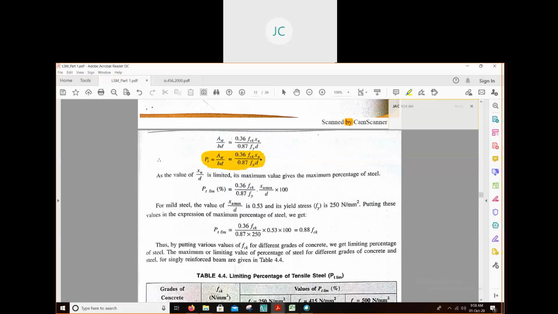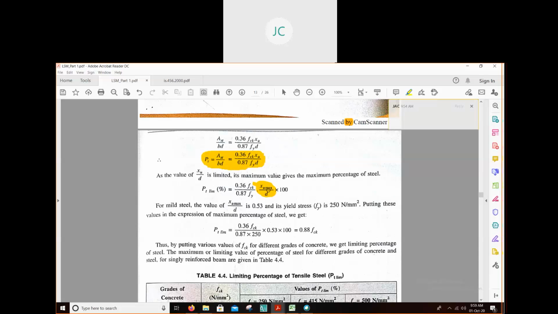Then again, if you want to find out the limiting value of percentage of steel, that means maximum value of percentage of steel, then in place of XU you have to put XU max. I told you before also, whenever you see limiting value mentioned, then you have to use the maximum value of depth of neutral axis. That means in place of XU you have to write XU max. So here in this equation you just put XU max, then this will be the equation.